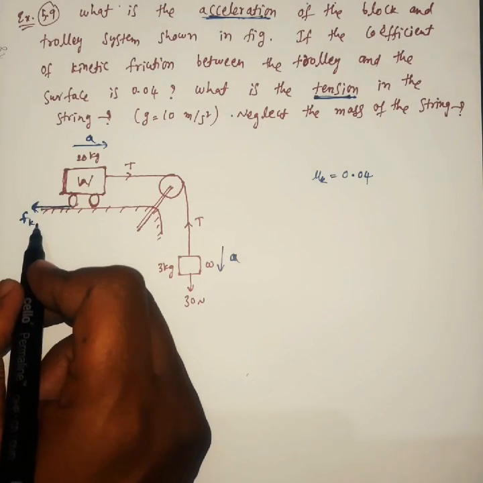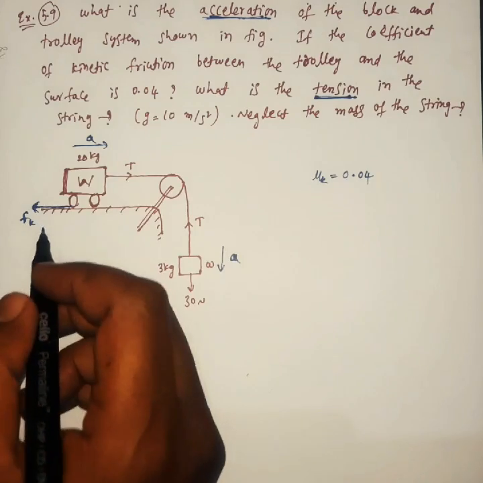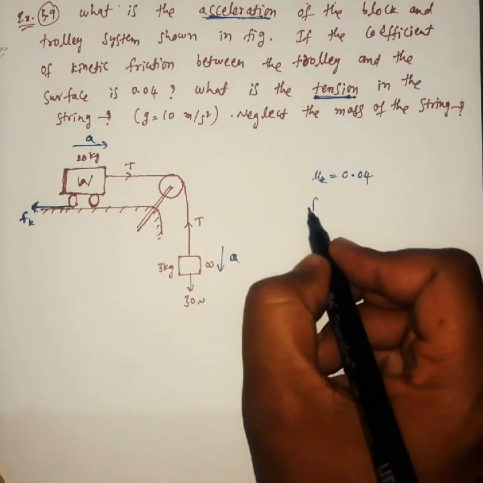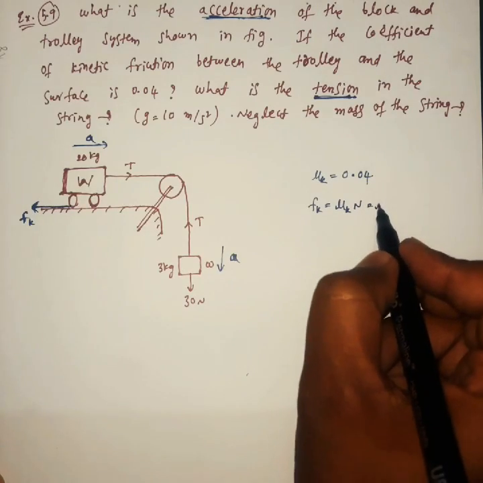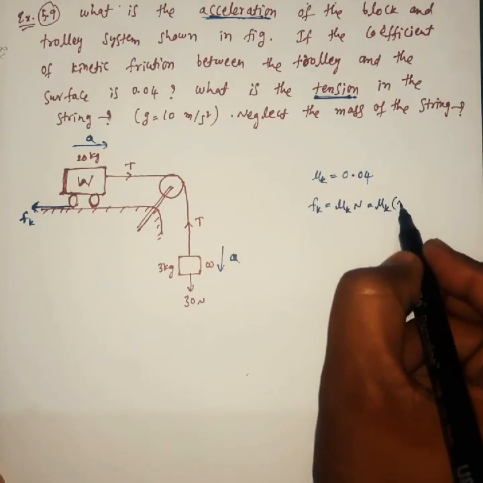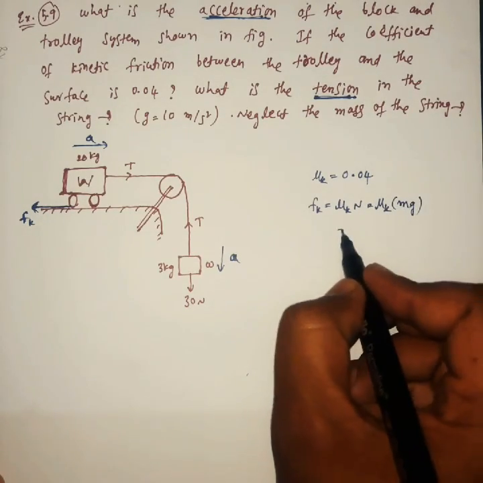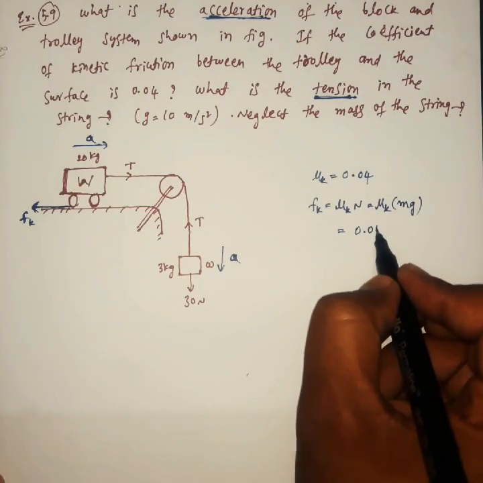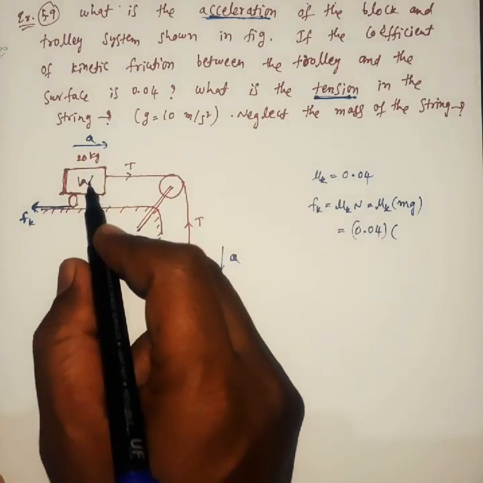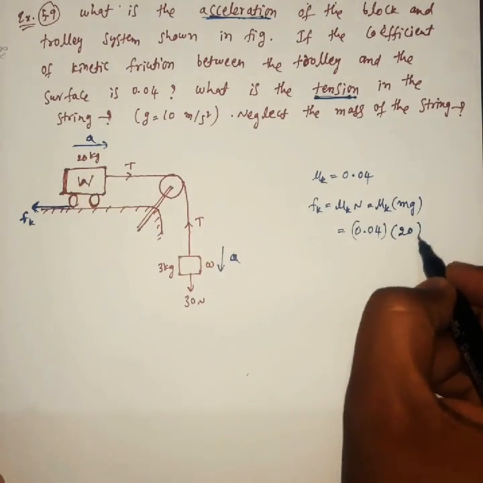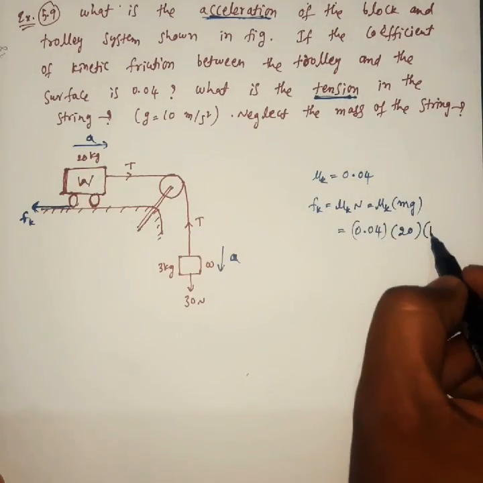So that is Fk. So here what is Fk? Fk is equal to mu k into N, and N is equal to mg. So mu k is equal to 0.04, and m, the mass of the big W, is 20 kg, into g equal to 10.